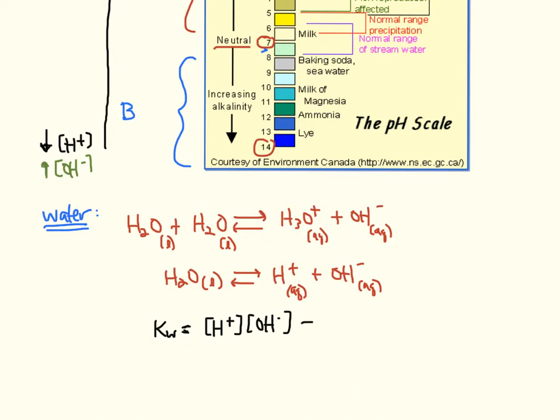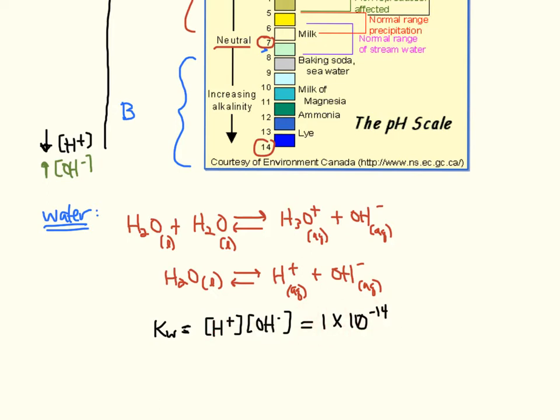Now, from a lot of experiments, we as chemists know that the Kw for water at 25 degrees Celsius is 1 times 10 to the negative 14. This is a measured thing. We know it. That would mean that the concentration of hydrogen and hydroxide are equal to each other and multiplied by each other would have to be 1 times 10 to the negative 14.